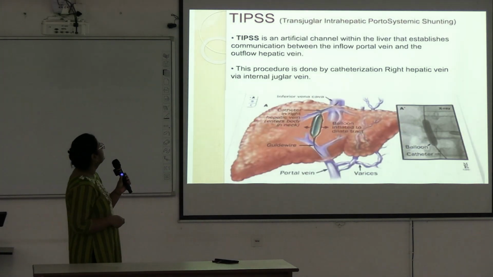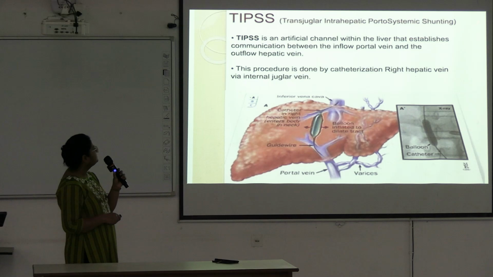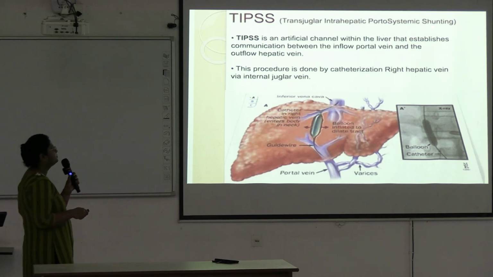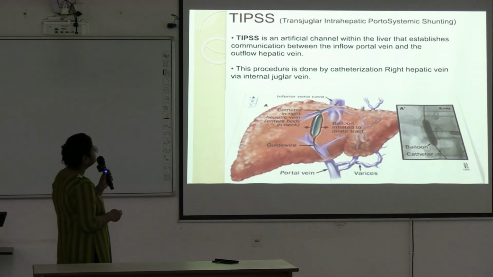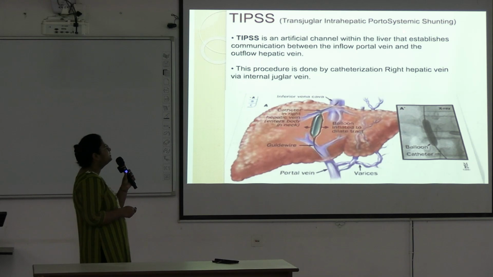Next is TIPSS, transjugular intrahepatic portosystemic shunting. It is an artificial channel within the liver that establishes communication between the inflow portal vein and the outflow hepatic vein. This procedure is done by catheterization through the right hepatic vein via the internal jugular vein.